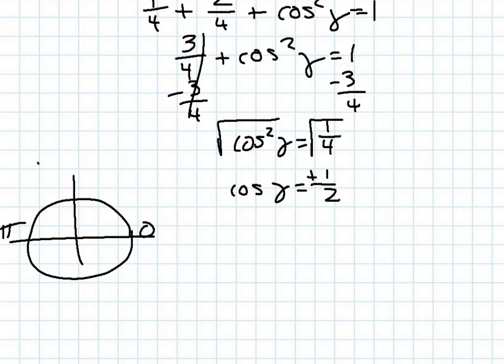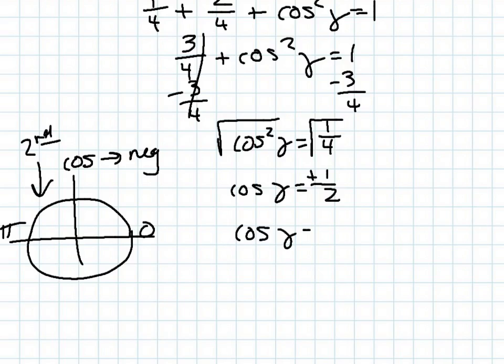Obtuse would mean that you're in the second quadrant, where cosine is negative. So then positive 1/2 is not the one that we want.